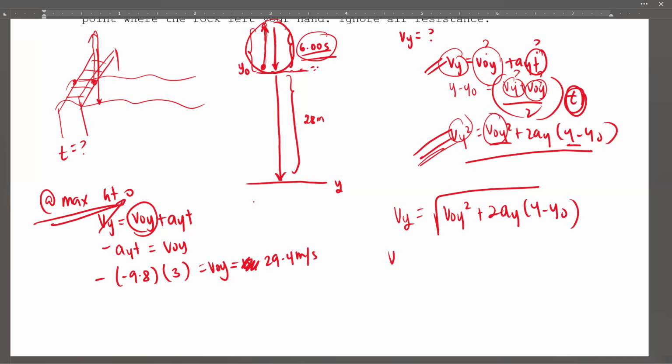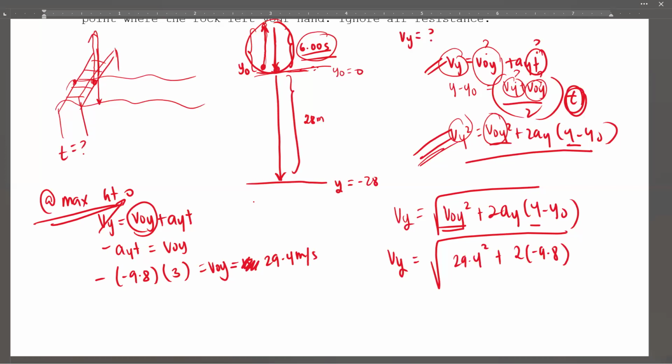Since I know my Voy, Vy is the square root of 29.4 squared plus 2 times negative 9.8. My y is negative 28, and my y naught is 0.